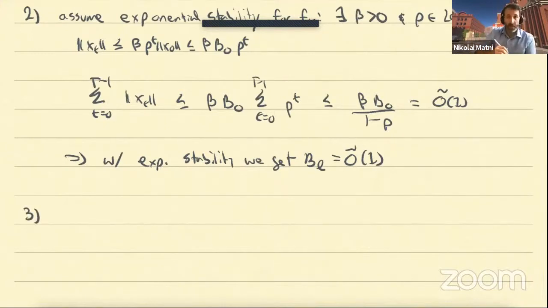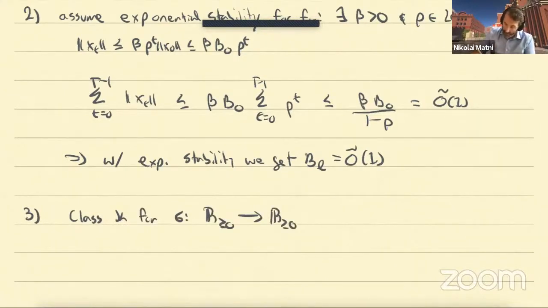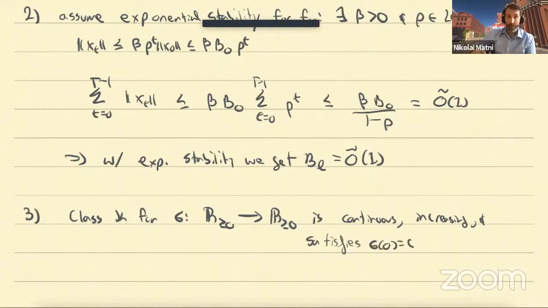So for this, I just have to briefly introduce or remind you all of the notion of comparison functions. A class K function, sigma, mapping the positive real line to the positive real line, is continuous, increasing, and satisfies sigma of 0 is equal to 0.